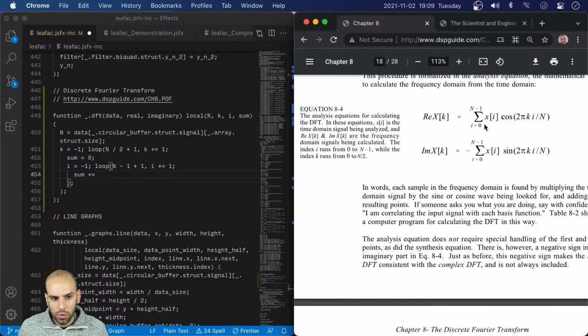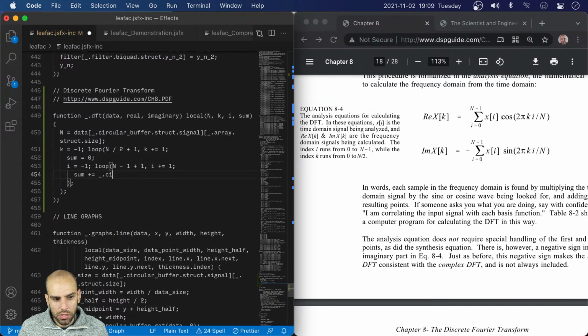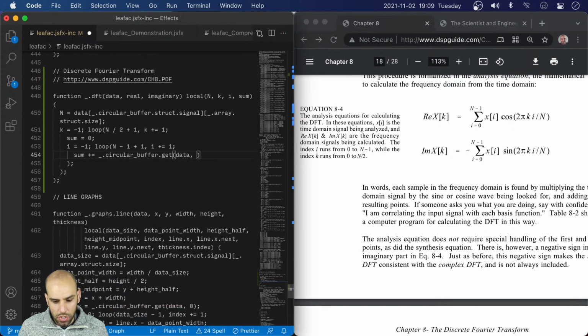I need to get a hold of the signal in this position. So I'll use the circular buffer get from data position -I.